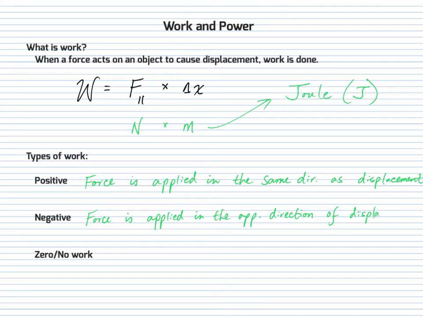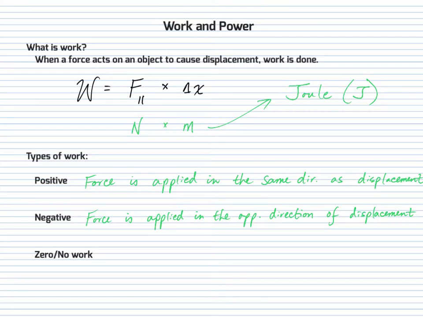An example that comes to mind here would be, for any of you softball or baseball players out there, you slide into home plate. Well, your displacement is towards home plate, but the force being applied on you is actually the force of friction, which is going the opposite way. So in that case, the force is opposite your displacement, therefore negative work is being done on you.